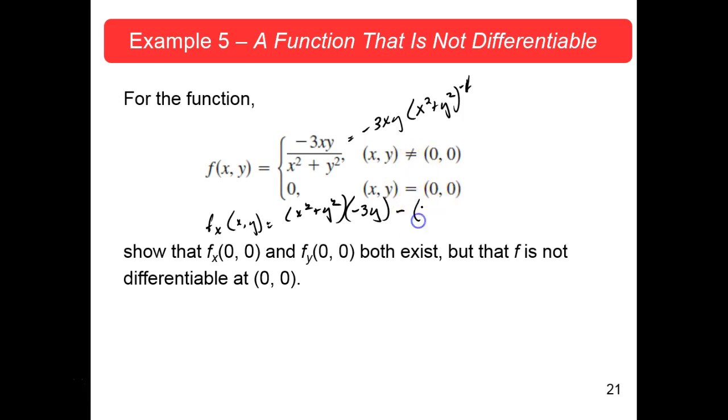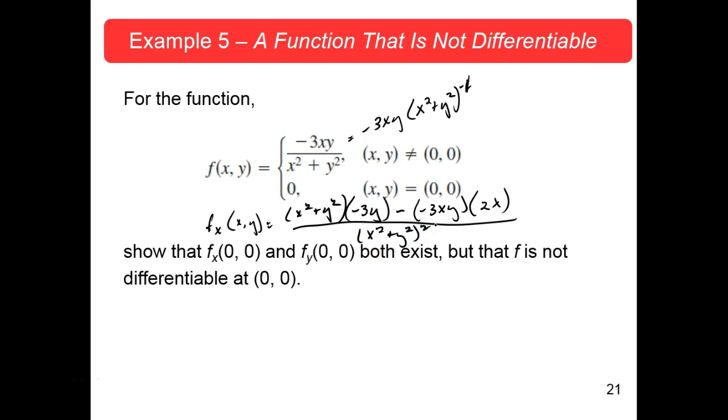That'll be 3xy, but it's a minus 3xy times just x squared, 2y, right? With respect to x is 2x. Oh, we're doing it with respect to x. That's right. And then that's all over the denominator squared.